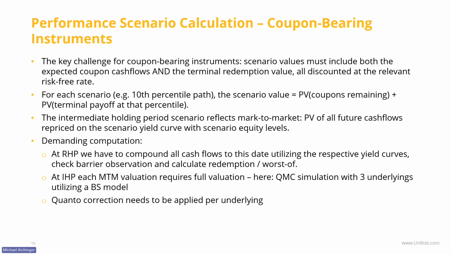Here, in this case, we have a quasi-Monte Carlo simulation with 3 underlyings, utilizing a Heston model with quantum correction for each of the underlyings. So you need quite good numerics to do this in a reasonable time.